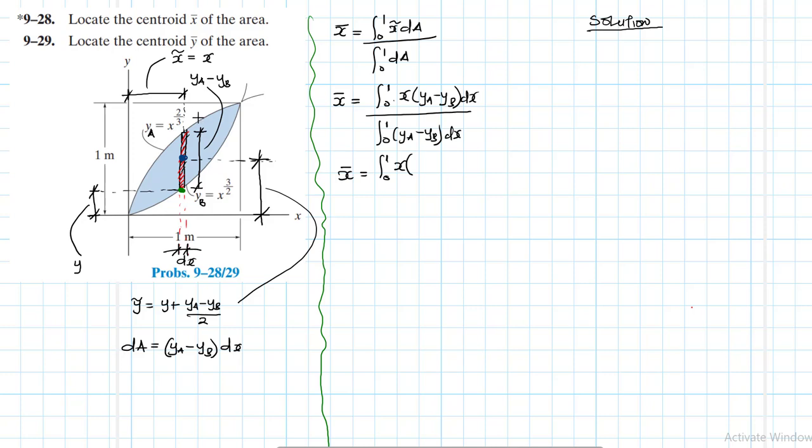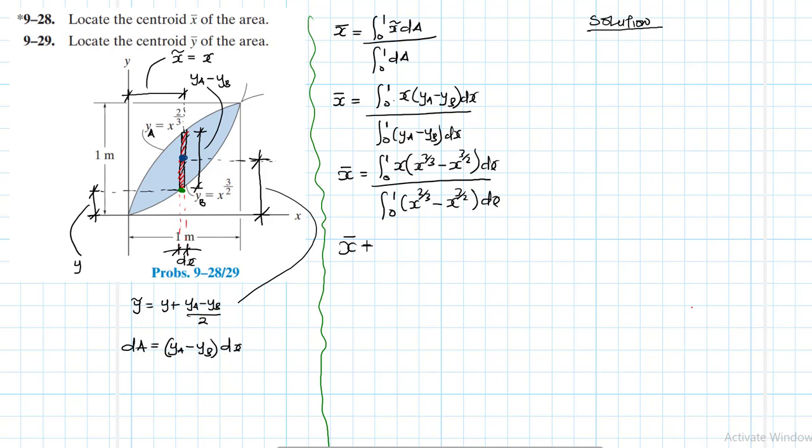What is our YA? Our YA is x to the power 2 over 3 minus x to the power 3 over 2 dx, divided by integral from 0 to 1 of x^(2/3) minus x^(3/2) dx.